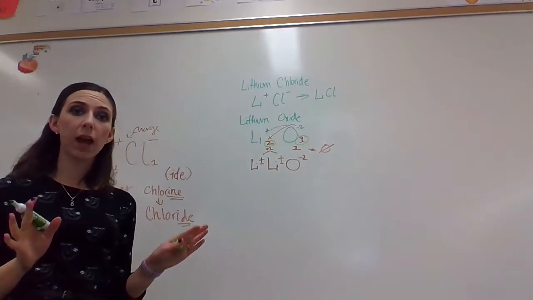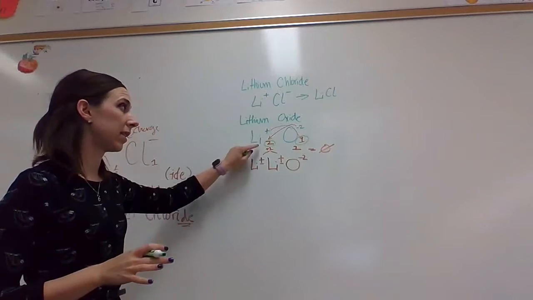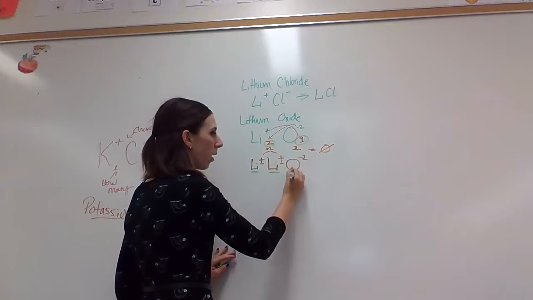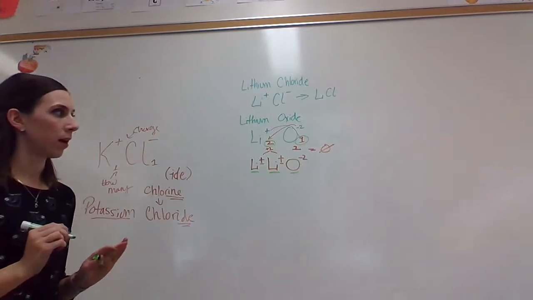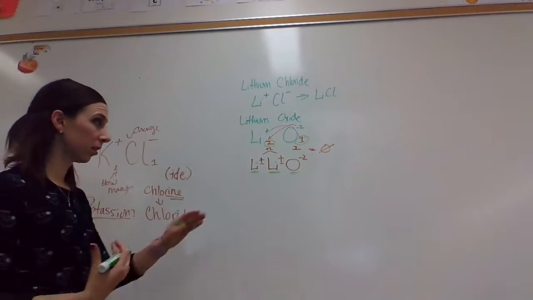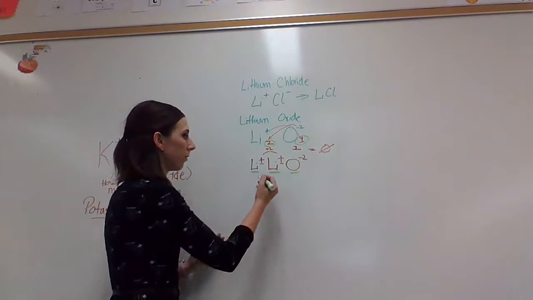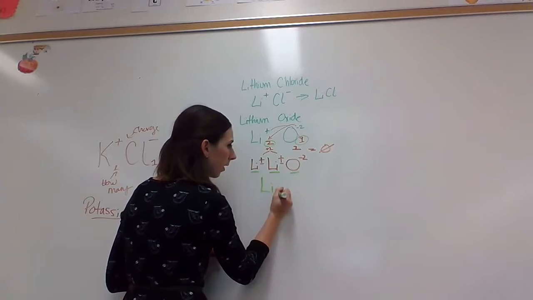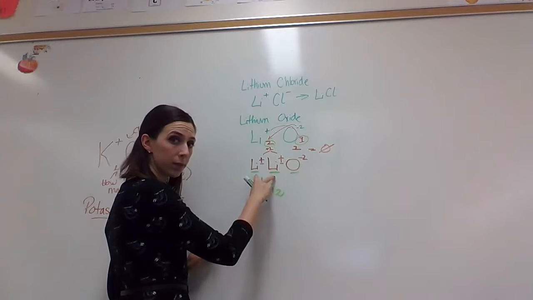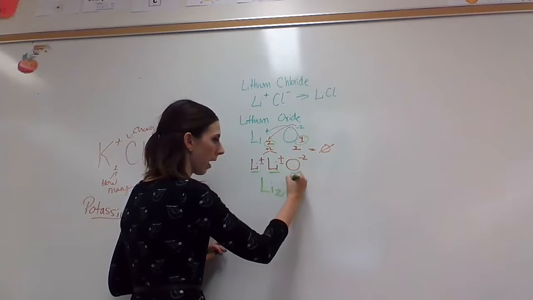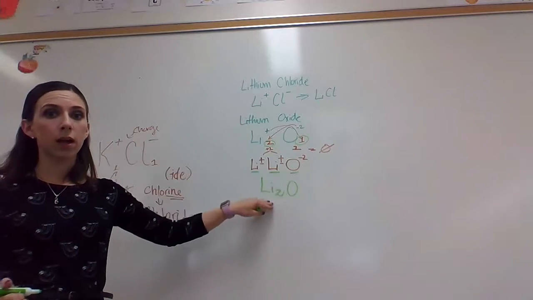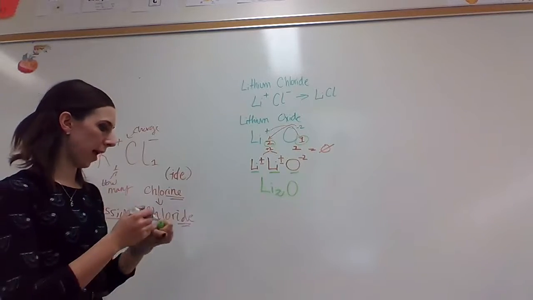It's not telling you -2 or +2. It's just telling you that you have 2 lithium and 1 oxygen. So for your final answer, you can do your math and bring it all down. There are 2 lithium, and there's just 1 oxygen. So Li2O. This is called lithium oxide.